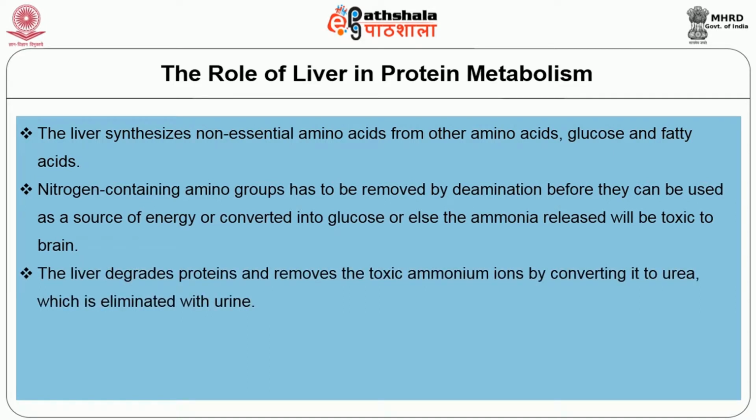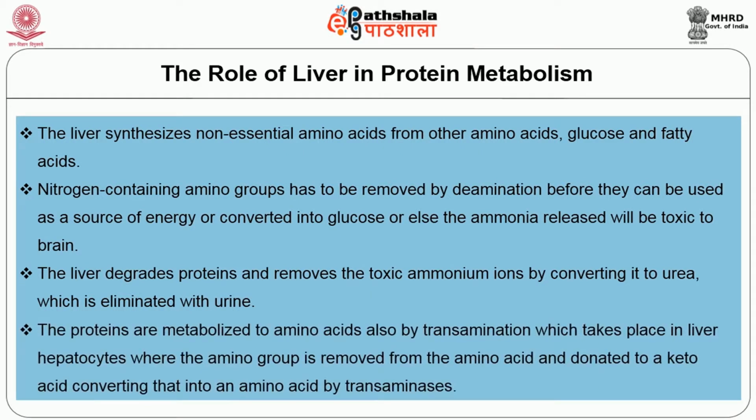The liver degrades the proteins and removes the toxic ammonium ions by converting them to urea, which is eliminated with urine. The proteins are metabolized to amino acids also by transamination, which takes place in liver hepatocytes, where the amino group is removed from the amino acid and donated to a keto acid, converting that into an amino acid by the transaminase enzyme.